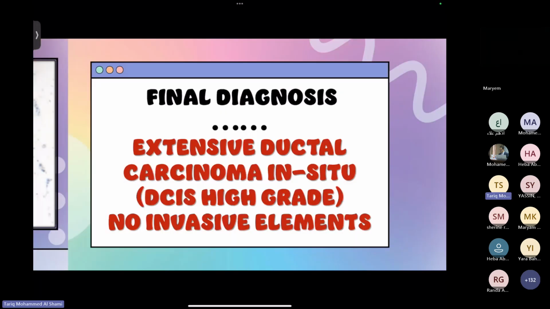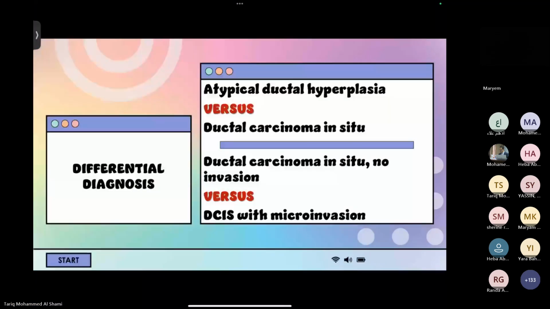So now it's obvious we have a final diagnosis: extensive ductal carcinoma in situ with no invasive element, high-grade DCIS with no invasive elements. Our differential diagnosis is atypical ductal hyperplasia versus ductal carcinoma in situ, either with no invasion or with microinvasion.